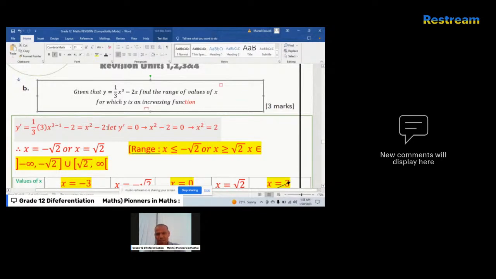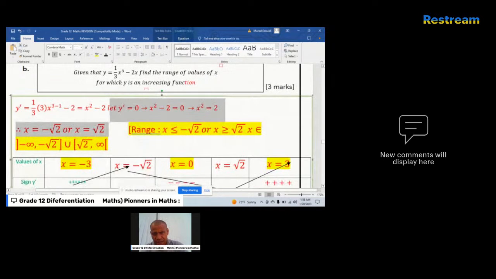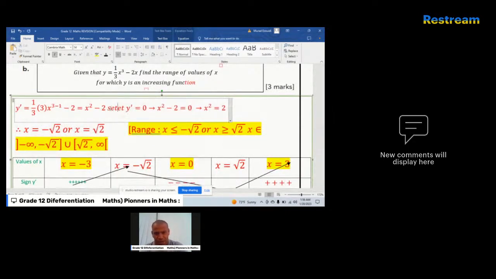Then to find the stationary points, or the values of x for which the function is increasing, I should set y dash equals 0, meaning the first derivative of the function is equal to 0.